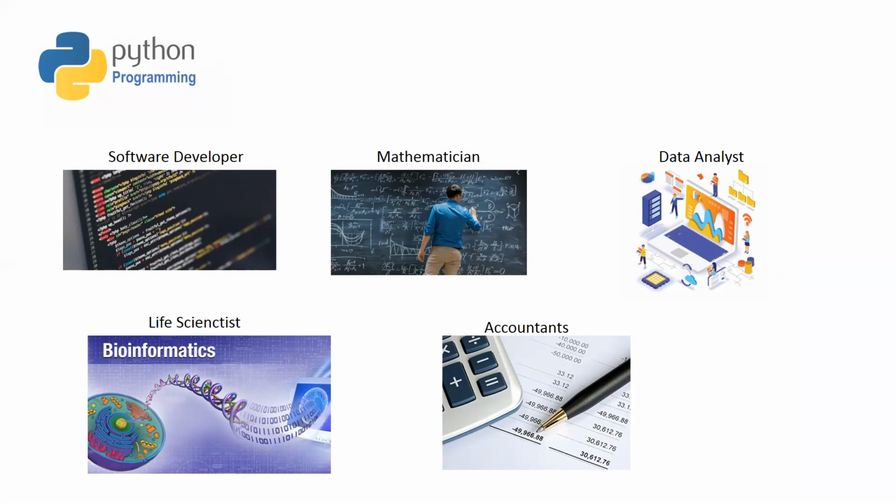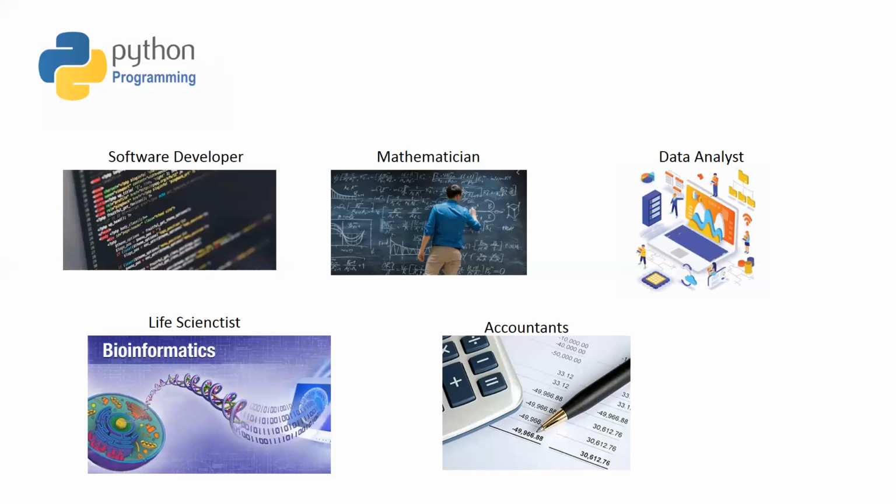People from the life sciences, for example, people working on DNA sequencing or some sort of bioinformatics regarding plants, where they have to write some coding to automate their tasks, are using Python. And people from the bookkeeping department or accountancy are also using Python.